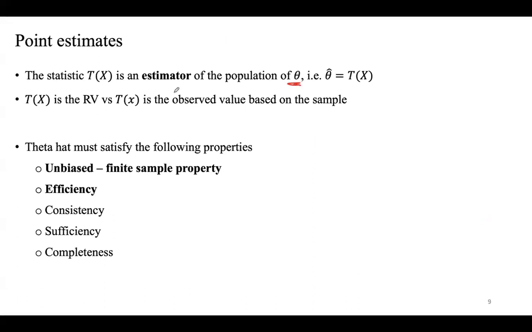We'll say that a statistic T(X) is an estimator of theta. The original value is theta, the actual value that we wanted to derive. But using T(X), a statistic, we were able to estimate it as theta prime, theta hat. This is how it's denoted.